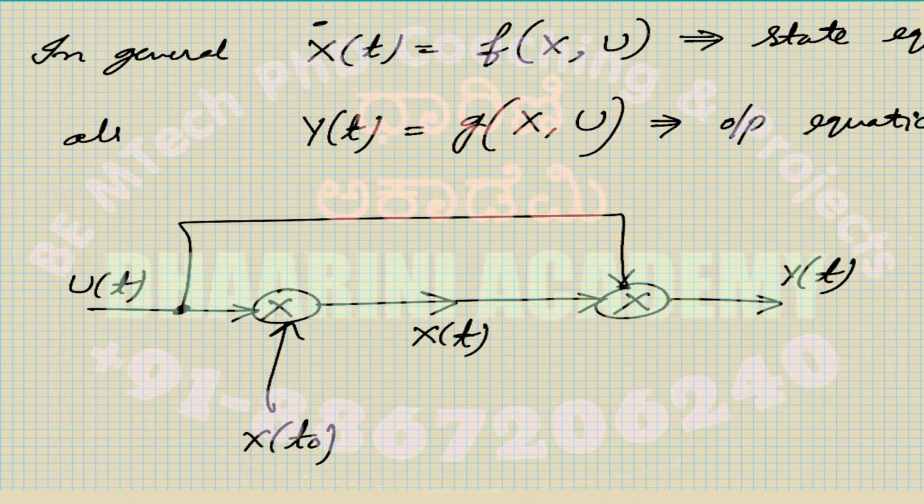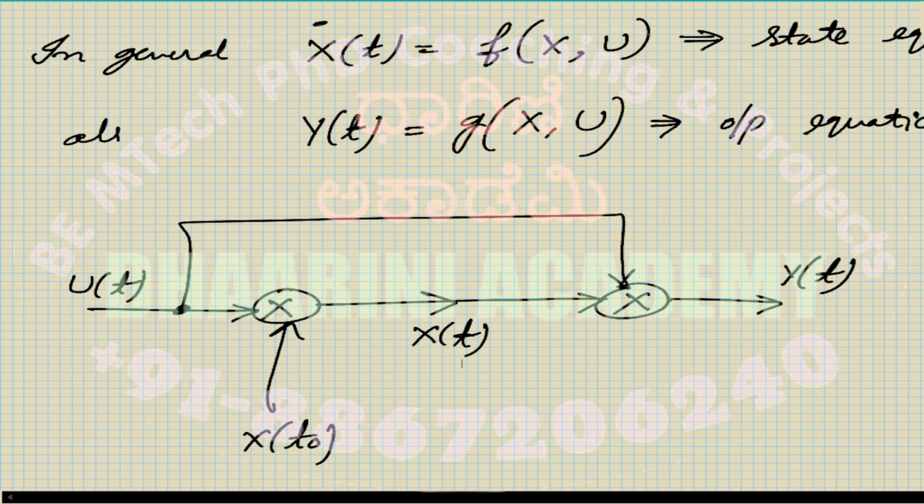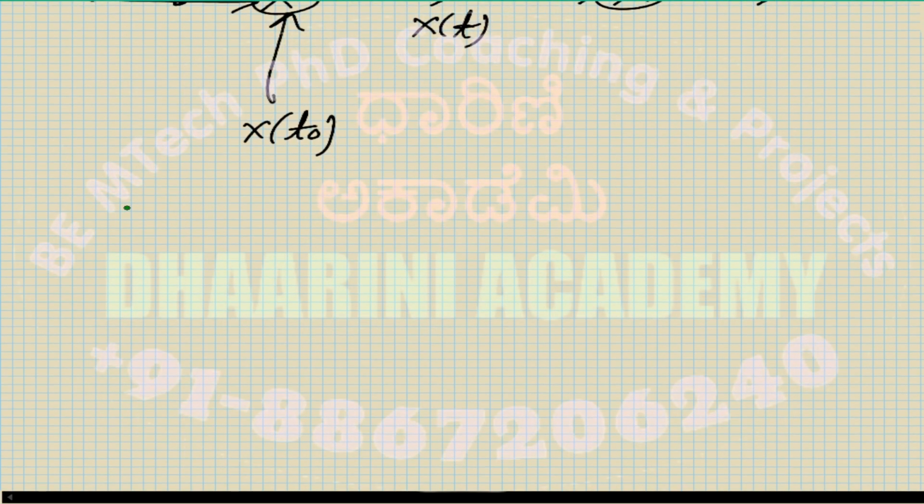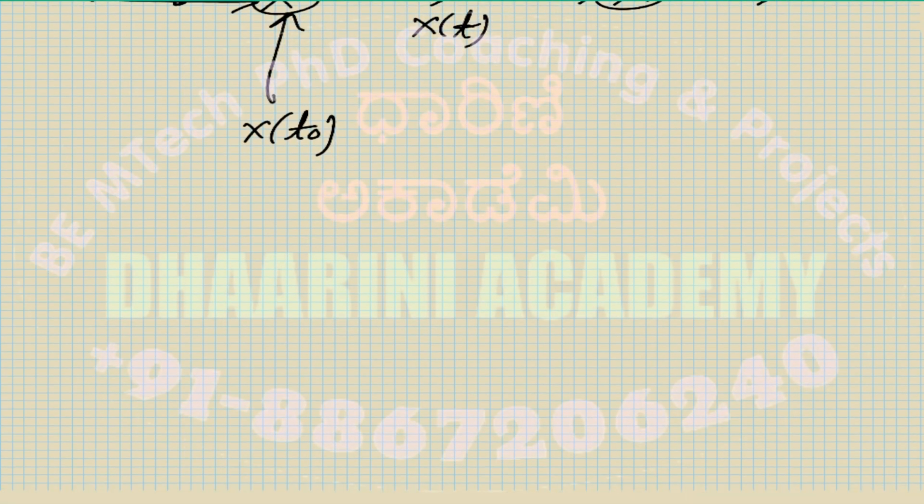We were looking at the simple diagrammatic representation of the state equation and the output equation of a system, which is represented in the form of state variables. To continue with this, in the same concept, we bring the linearity as well.